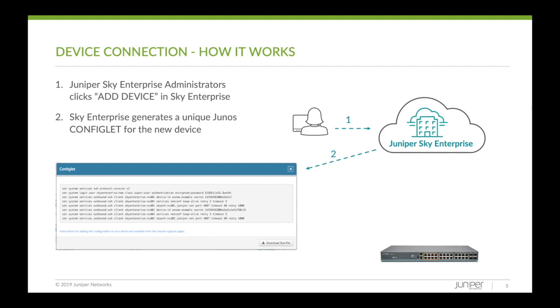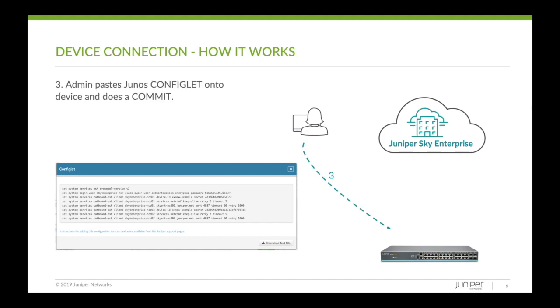The administrator clicks Add a Device and puts in the device name, and Sky Enterprise then generates a unique configlet, so 8 or 10 lines of Junos config, unique for that device, which the administrator then places on the device by logging into the device through command line, pasting in the configlet, and then committing that change.